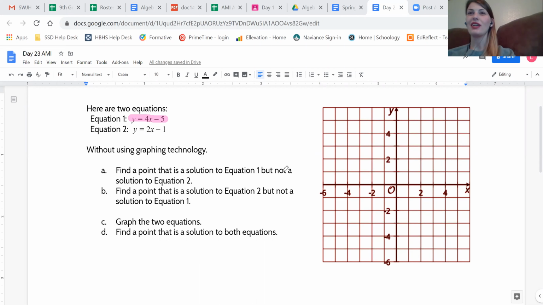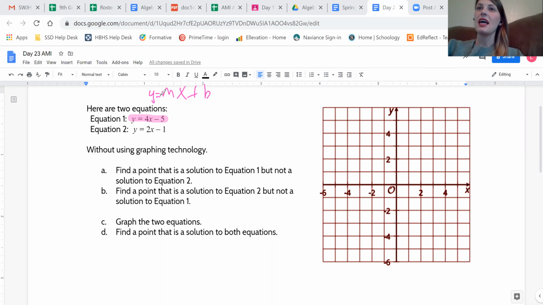Equation 1 says 4x minus 5. Just a reminder that these always look like y equals mx plus b.